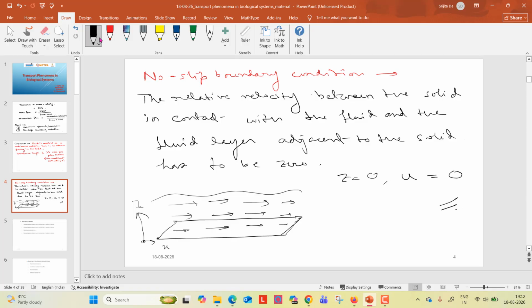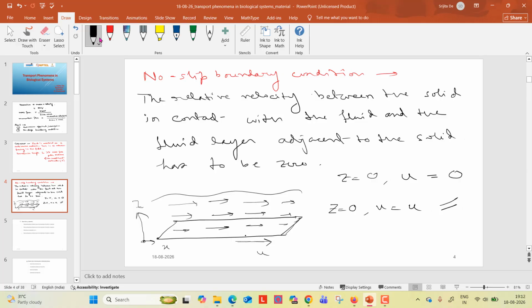You take this boundary condition when the plate is stationary. But if the bottom layer is also moving with a velocity u, then you have to take the velocity of the bottommost fluid layer also as u. So at z equals 0, the fluid velocity equals u.